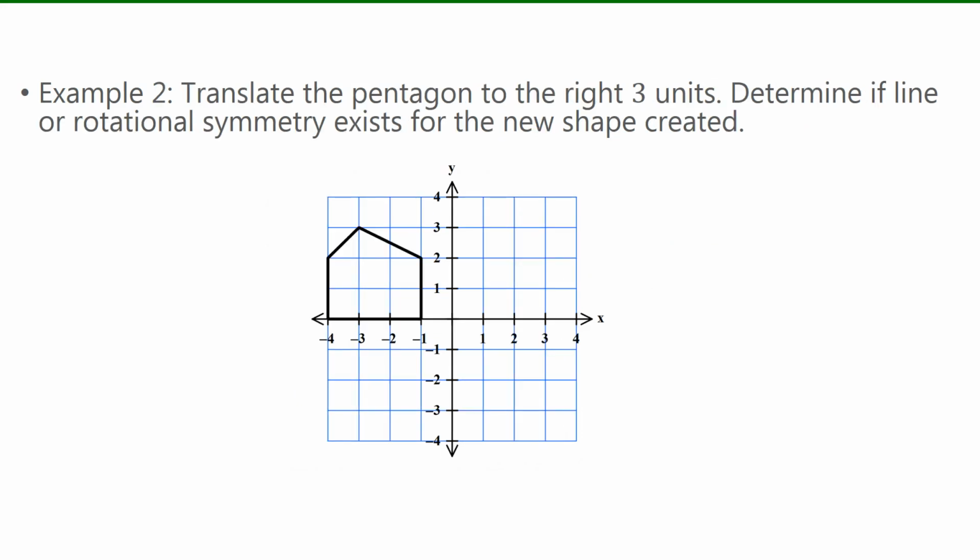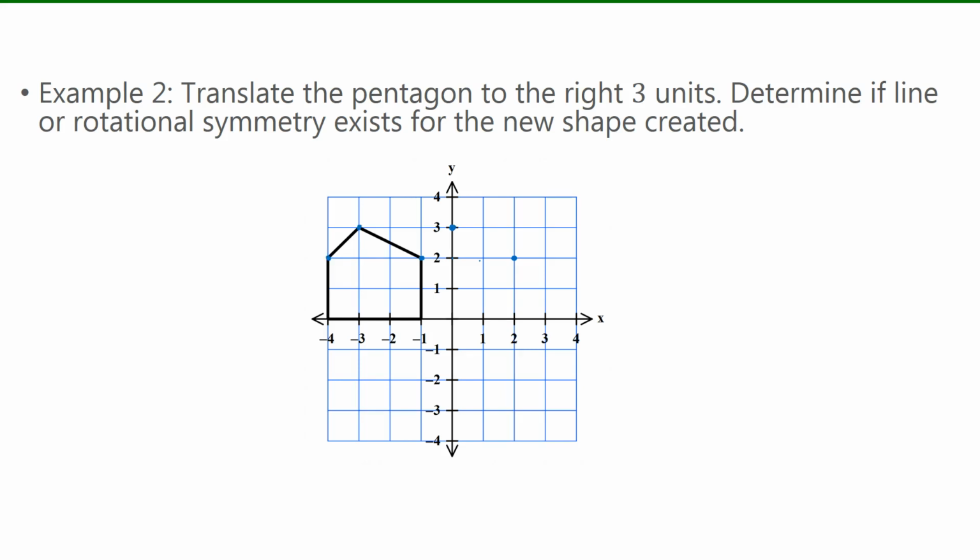Now for example 2, we have to translate the pentagon to the right 3 units and then determine if any line or rotational symmetry exists. So if I start with this point here and count over 3 blocks to the right, this is the corresponding image point. For the point up here, that will be moved over here.